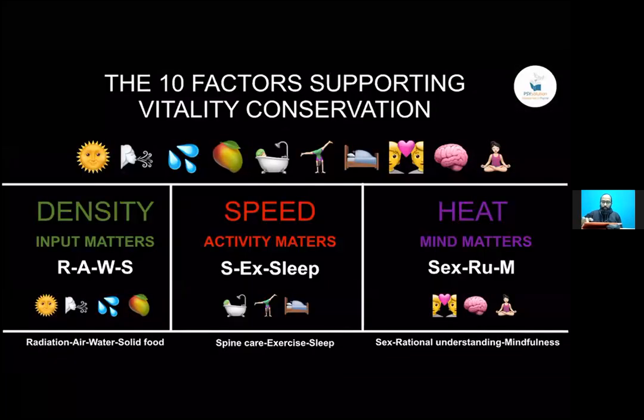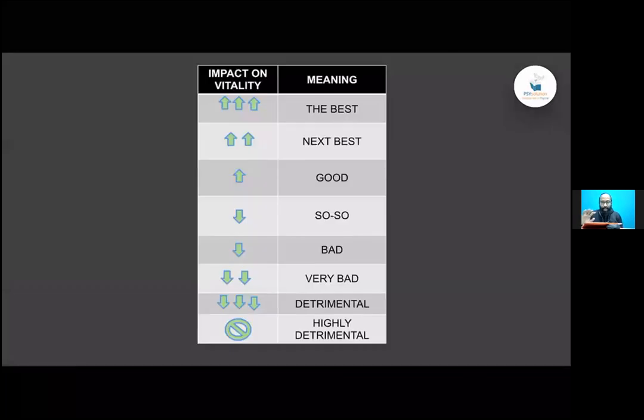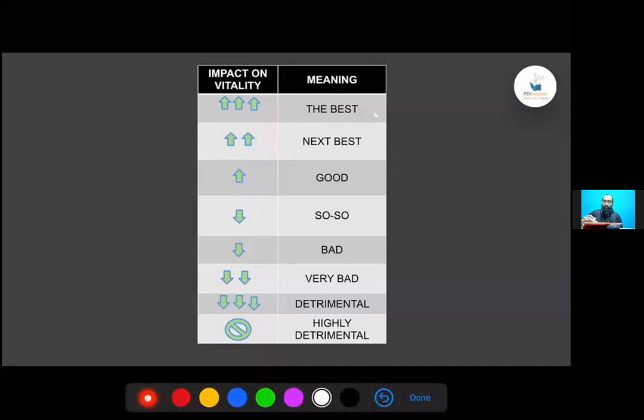Now the same 10 factors, and each factor will have one chart, and each chart will have these 8 categories, 8 rows, which will have the best, the recommendation as the best choice, then the next best choice, then good choice, then so-so choice, then bad choice, very bad choice, and then detrimental choice, highly detrimental choice.